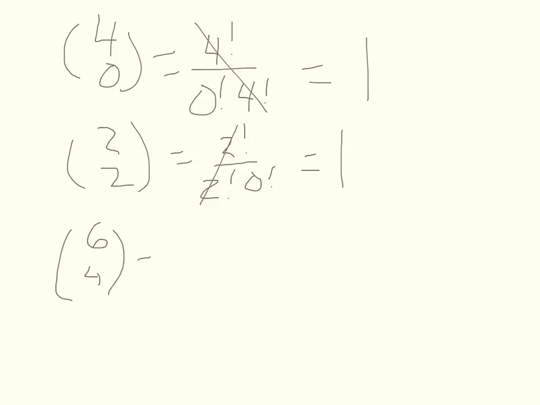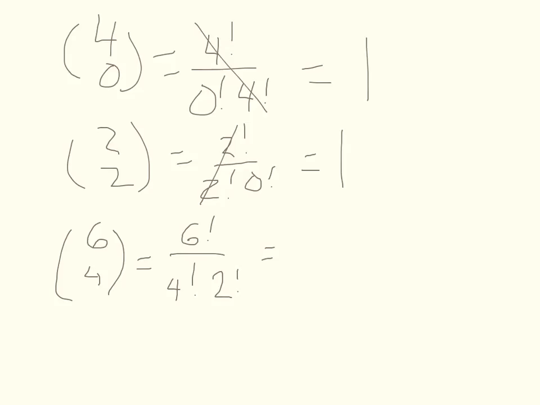6 choose 4. So the top number is 6 factorial, k is 4 factorial, times 6 minus 4 factorial, which is 2 factorial. For shorthand, I'm going to expand the 6 factorial, but only until I get to 4 factorial, because we're only multiplying another 5 and a 6.